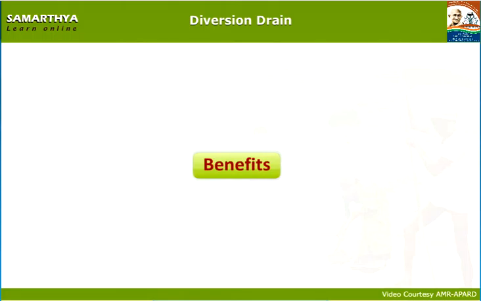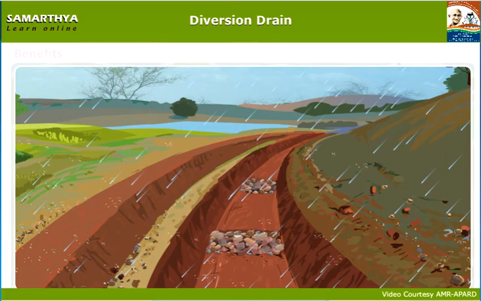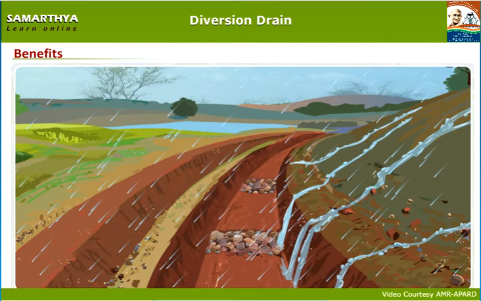Benefits of diversion canals to the farmers. Now let us know the benefits diversion canals provide to the farmers. In hilly and hillock areas in the rainy season, rainwater from the hills runs directly into the fields.